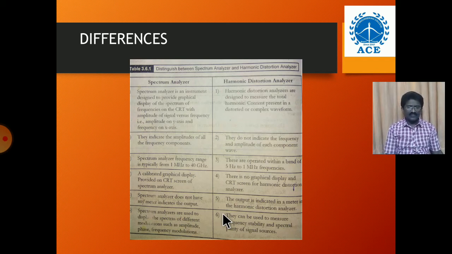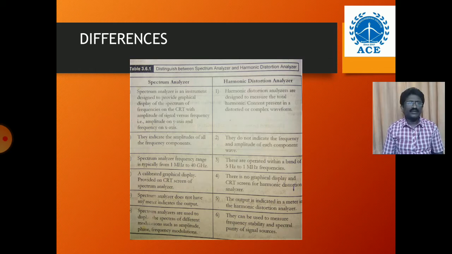Next one, differences between a wave analyzer and a harmonic distortion analyzer. Already you know the idea about wave analyzers. Generally we have two types of wave analyzers.